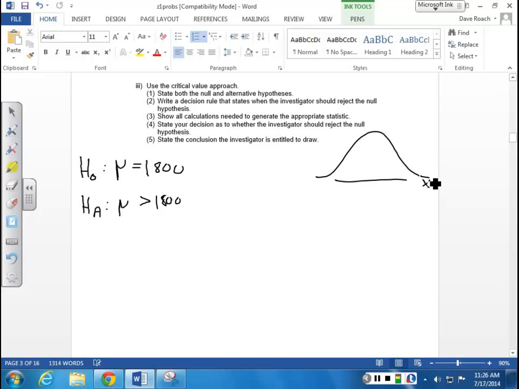We had our sampling distribution of X bar with a hypothesized mean of 1,800 and a standard error of 79.1. And so in the critical value approach, we're going to say how many standard errors above 1,800 will it take before we reject H0 and conclude that HA is true.